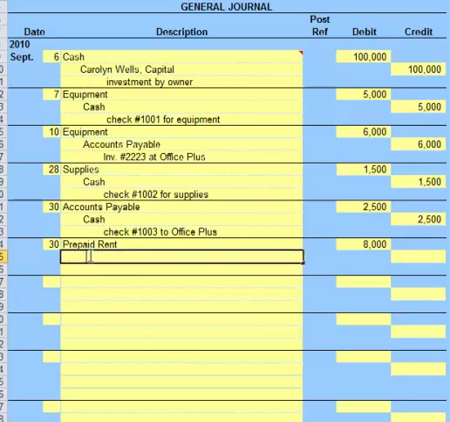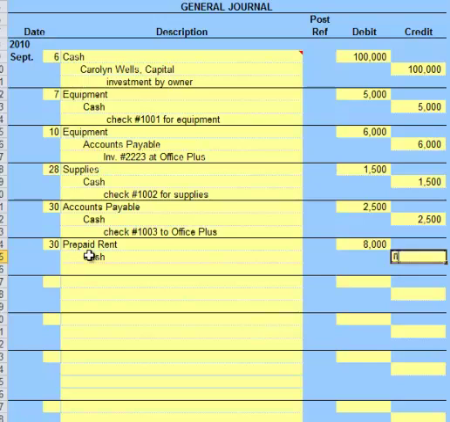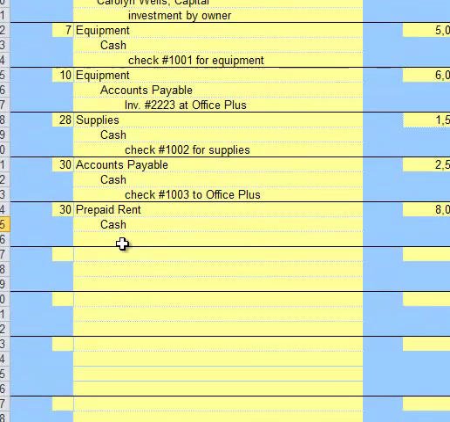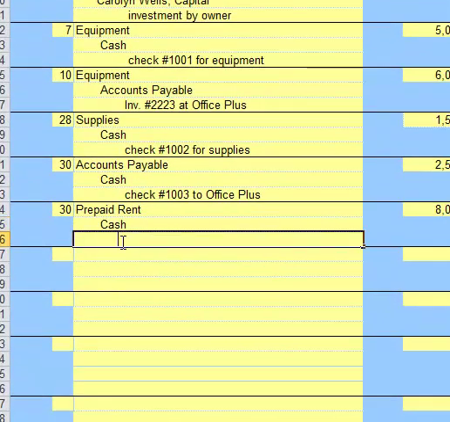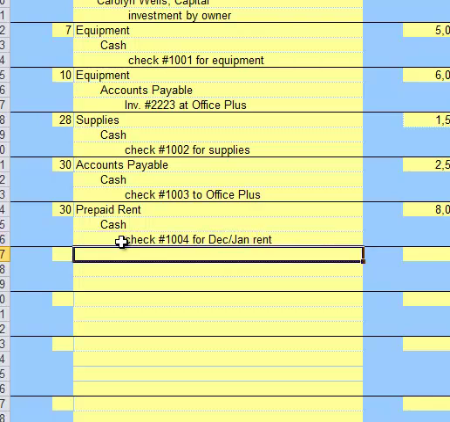And then I list my credit accounts. And then on the third line, I'm going to do a short description. This was for December and January rent. All right. And those are the first 6 transactions recorded in the general journal.